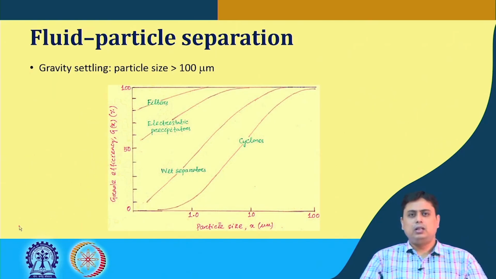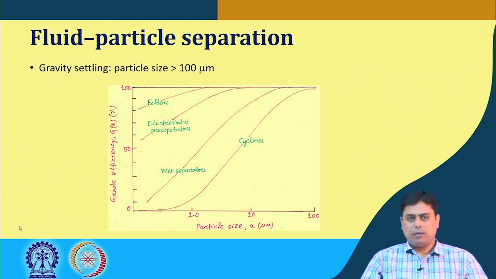So, for example, for particle sizes larger than 100 micron, it has been seen that gravity settling operations can work sufficiently, and also in an economic manner. But if the particle sizes are smaller than that, then there are some typical methods that are used.